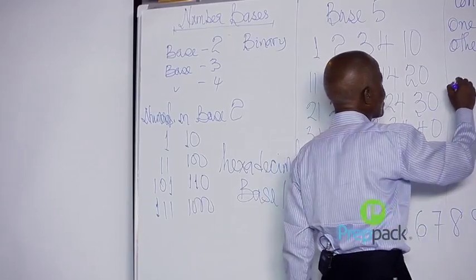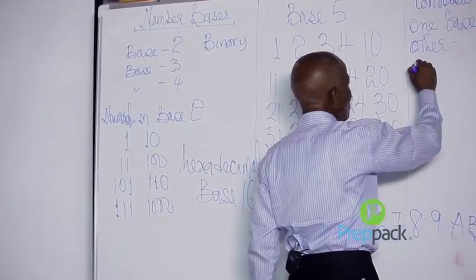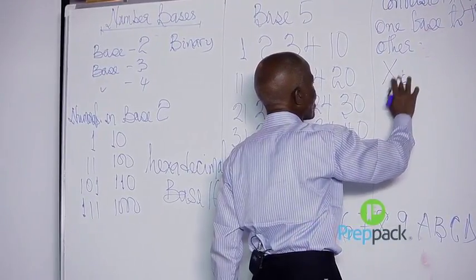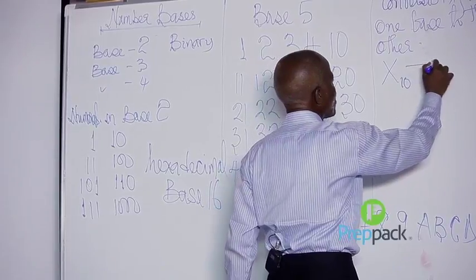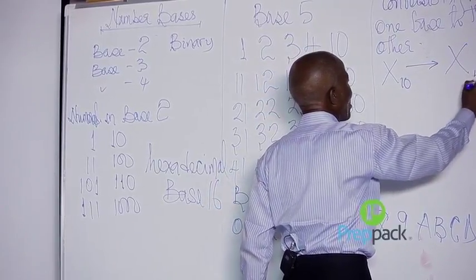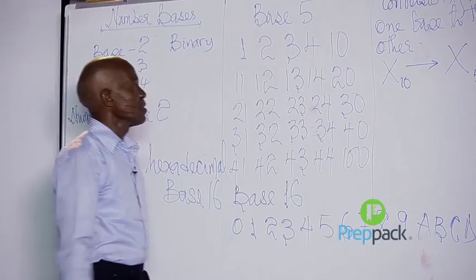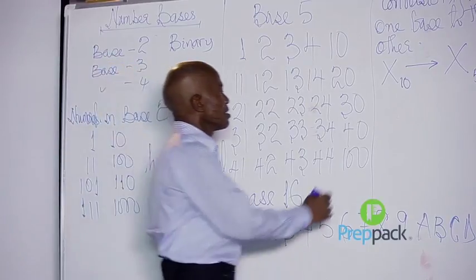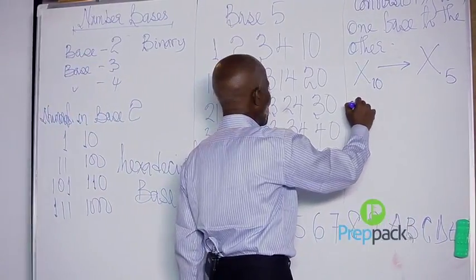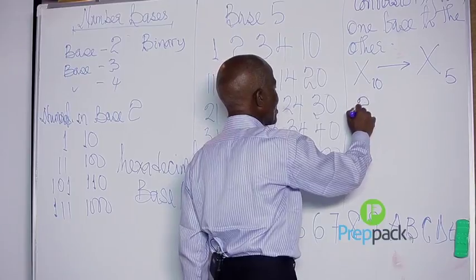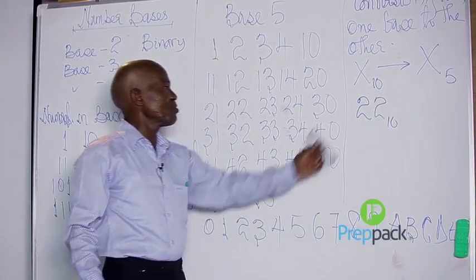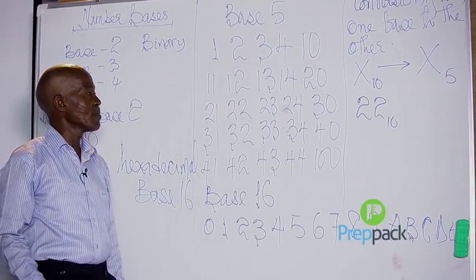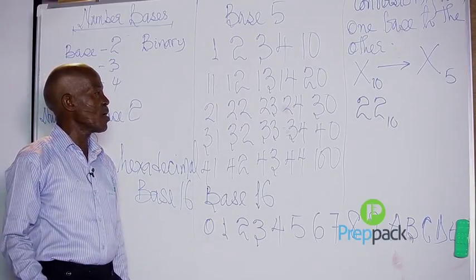Let's look at a base 10 number to a base 5. Let's look at 22. Base 10, we normally represent this in this form. How then do we go about it?